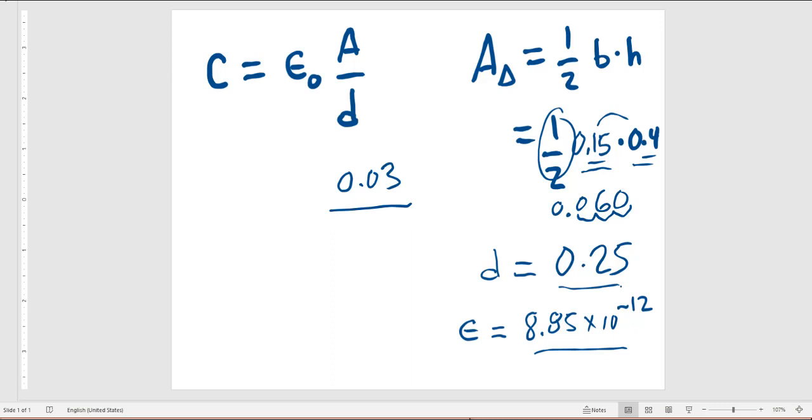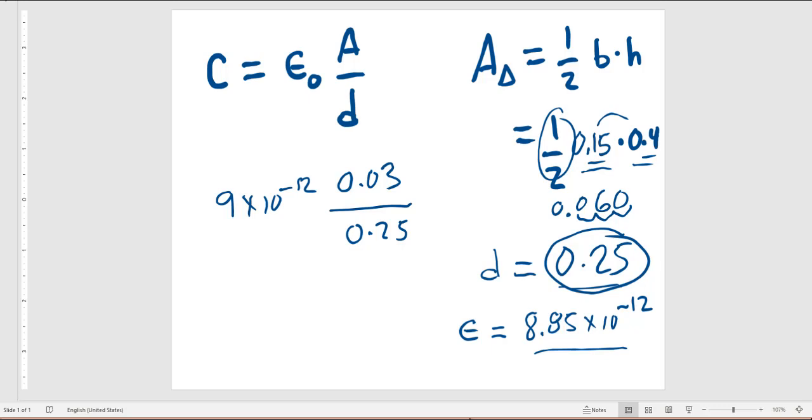The distance I've also converted to meters, 0.25 when we were talking it through. Then we have this epsilon, 8.85 times 10 to the minus 12th. I'm actually going to estimate that to be 9 times 10 to the minus 12th because I don't want to try to multiply out decimals while I'm scurrying for time in my exam.